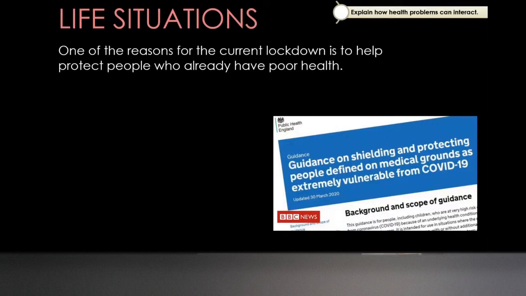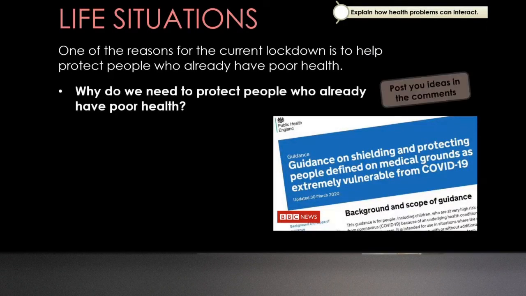They'll be obese and have type 2 diabetes or whatever, and then they'll also get the coronavirus. That will make them much more likely to get the disease COVID-19, which could potentially cause them to die. So the reason why we're in lockdown at the moment is simply because of the way that health problems can interact.